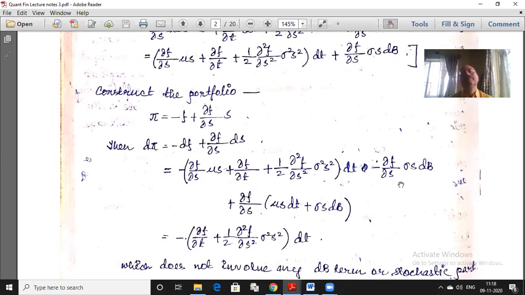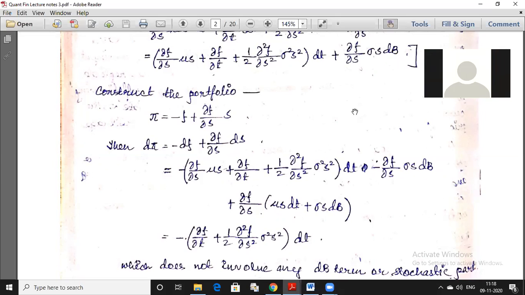Okay, is it clear? So my choice of the coefficient on the stock price, the amount of stock I am buying, has been deliberate. It is chosen so that in the final expression of d pi, there should not be any dB terms. Is this clear to all of you?